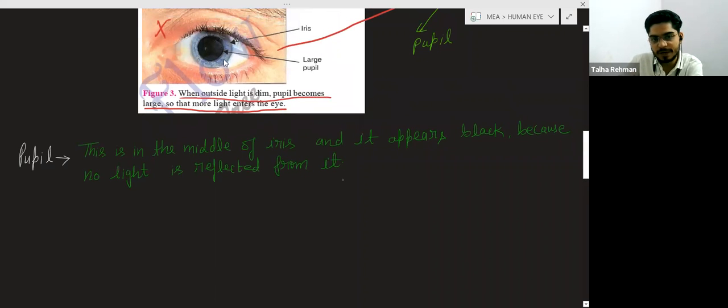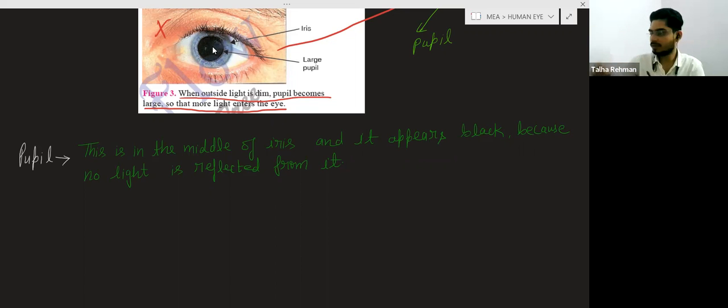See, this is in the middle of this iris. This is iris, this is pupil. This is in the middle of iris and this is black. And why is the color of this black? Because all the light entering is absorbed by this. No light is reflected by it.